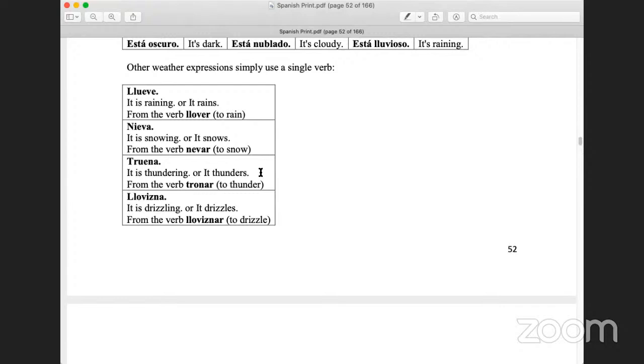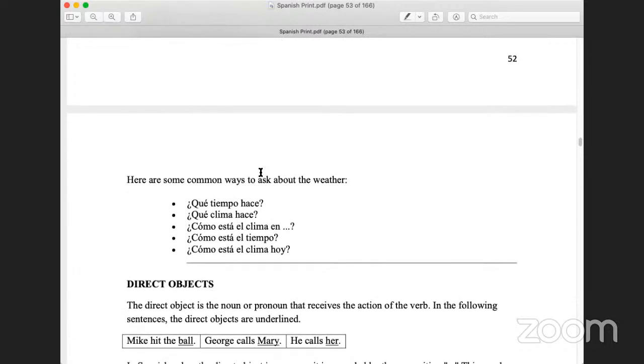Nieva is snowing or it snows, from the verb nevar, to snow. Truena, it is thundering, or it thunders from the verb tronar, to thunder. Llovizna, it is drizzling, or it drizzles from the verb lloviznar. Okay, so this stuff, you just gotta memorize.